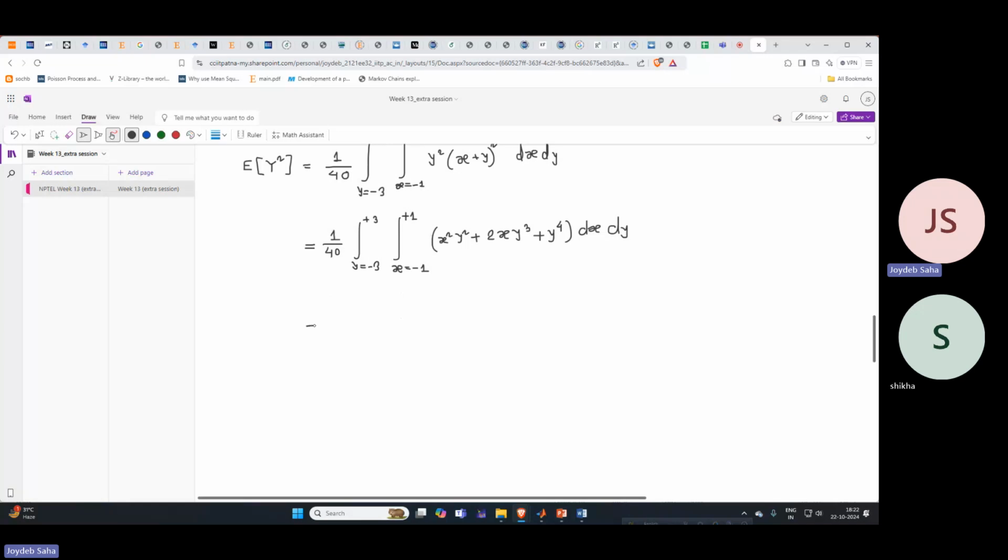So in the similar manner, let us calculate the value. One upon 40, y is equal to minus 3 to plus 3, this is x cube y square upon 3 plus this is x square y cube plus x y to the power 4.